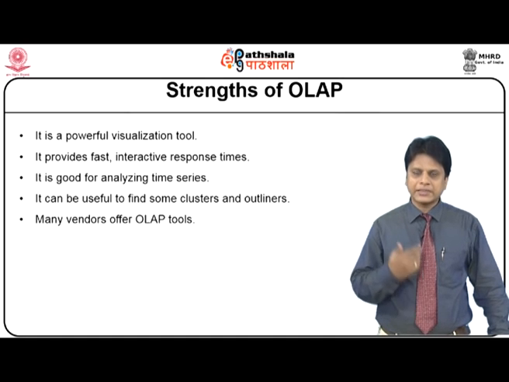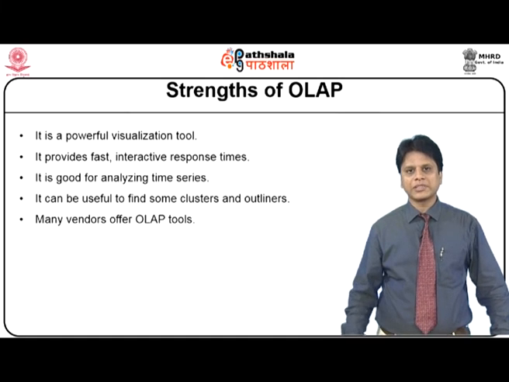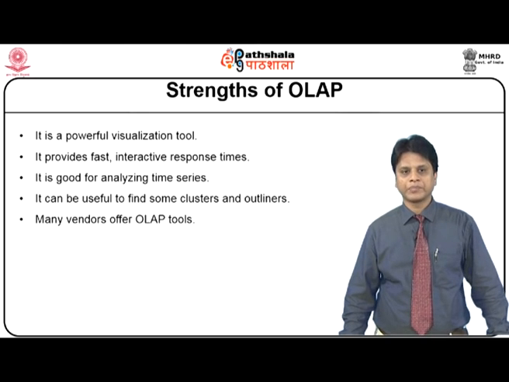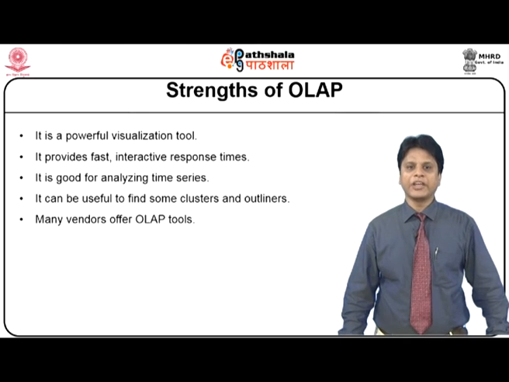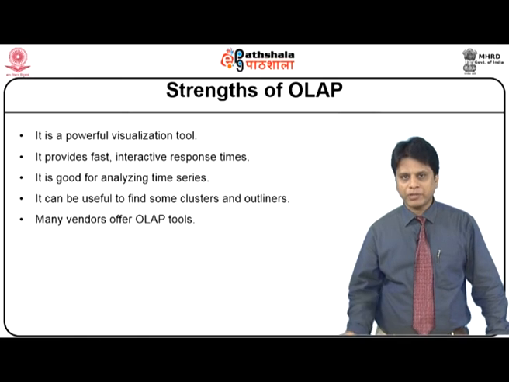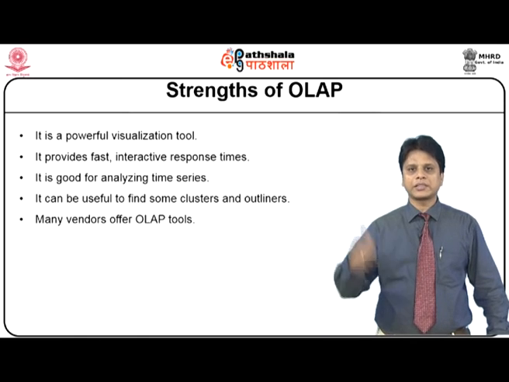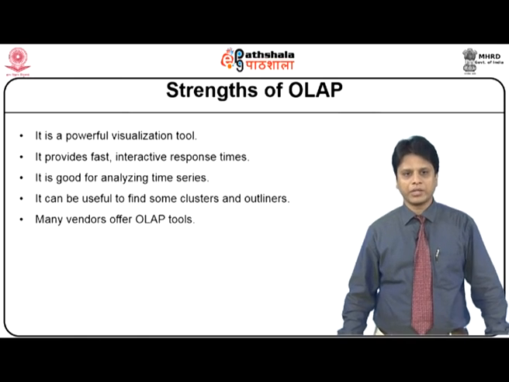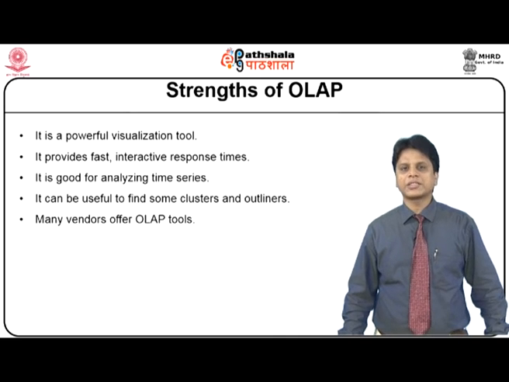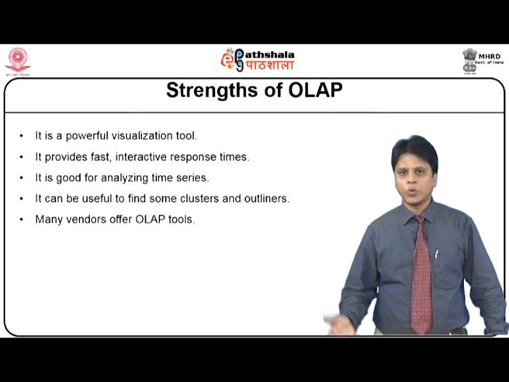If you look at the strengths of online analytical processing systems or a data warehouse system, it is a very powerful visualization tool and it provides a very fast interactive response time. It is primarily because we have organized all these data values in a very structured format, and it is good for analyzing time series data. It can be useful to find clusters and outliers. Many vendors offer these OLAP tools.